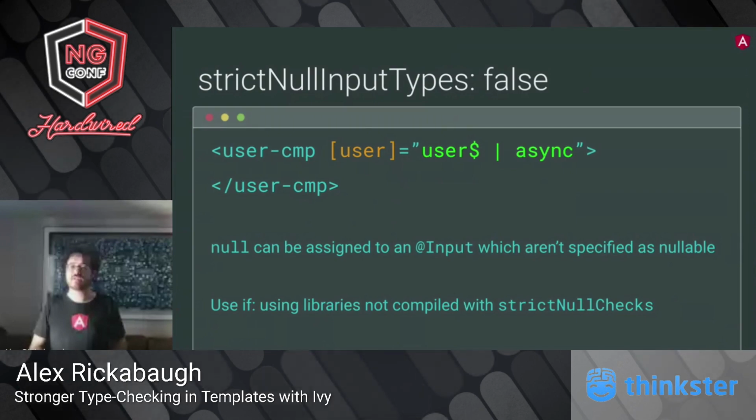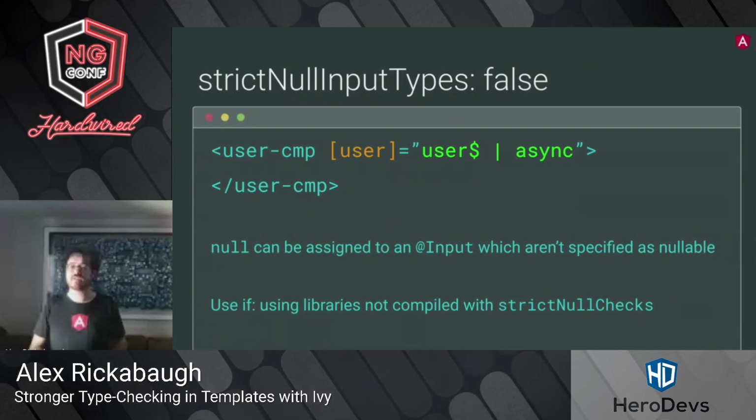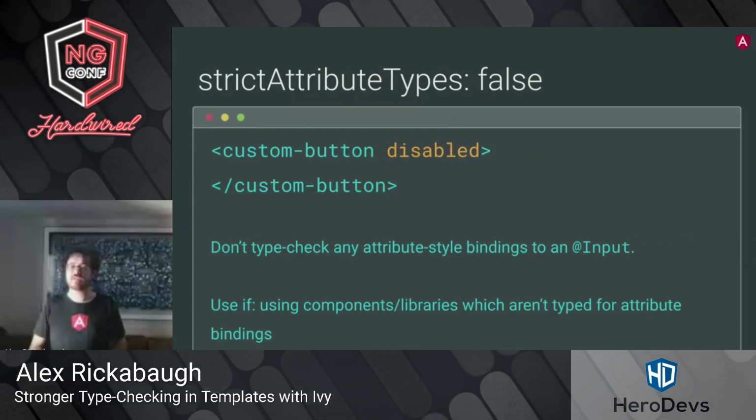And that's because if a library is not compiled with TypeScript strict null checks, the DTS files that it produces actually don't include null or undefined as possible values. And so by turning off strict null input types, you can bypass that particular issue and still have the input assignability check working overall.